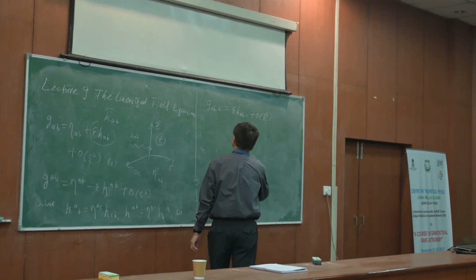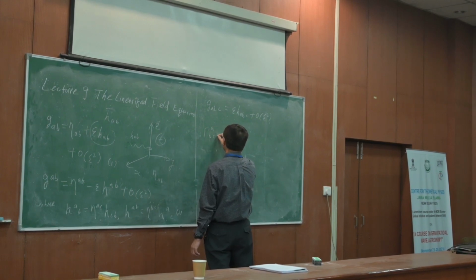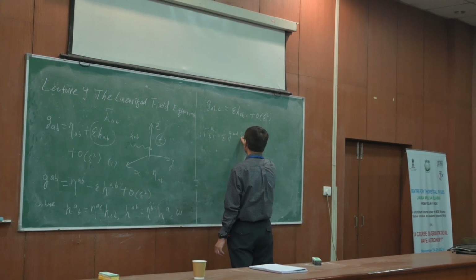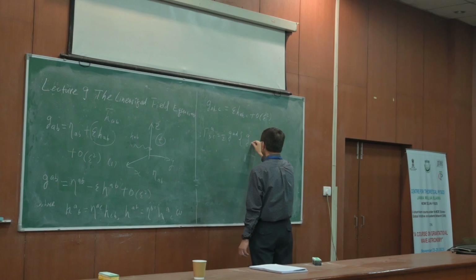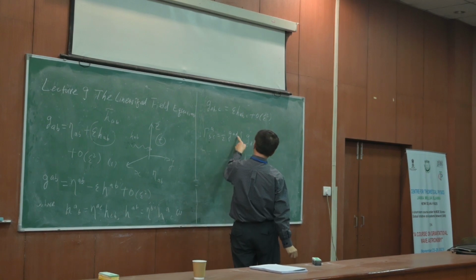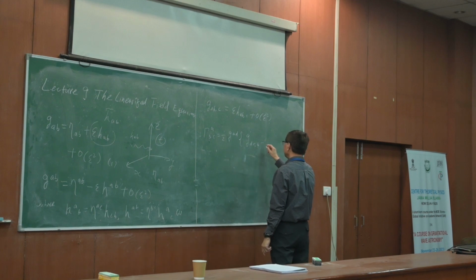Then if I consider Gamma^a_bc equals 1/2 g^ad, this simply represents the derivative of g_db, then put b behind this part of the derivative, and the same for c.